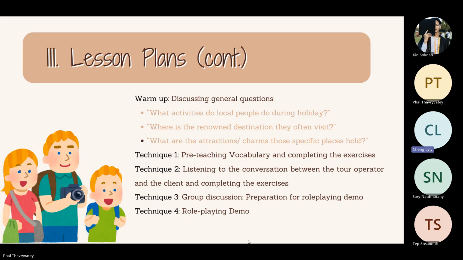Later on, the teacher will explain the vocabulary, the key points on that page. The reason behind that is the teacher wants to build a simple vocabulary that discusses attractions in the tourism industry for students, while also developing their reading comprehension.